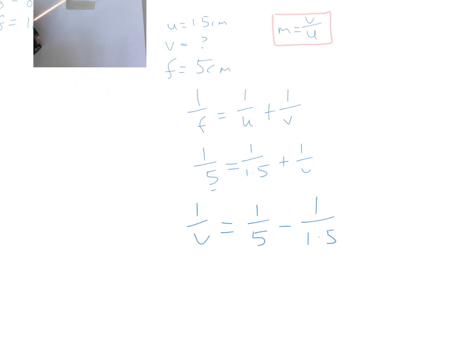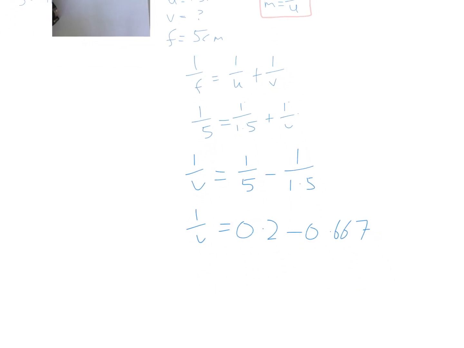I'm going to solve this using decimals because it is the most convenient way for me at the moment, but you can solve this out whichever way you like to try and just get one number. 1/5 is 0.2 and 1 over 1.5 is 0.667. I could use way more decimal places if I wanted to. If you're not sure how many to use, just stick with 3.